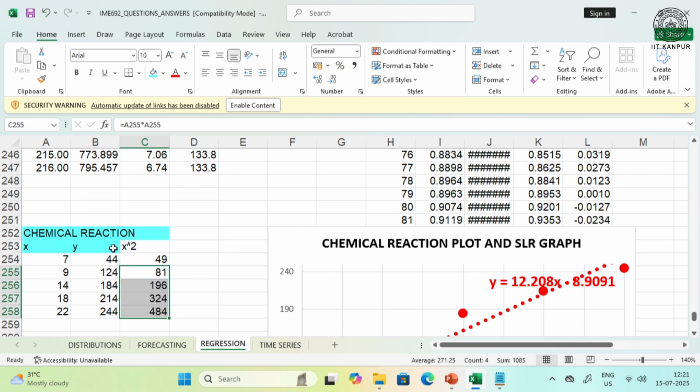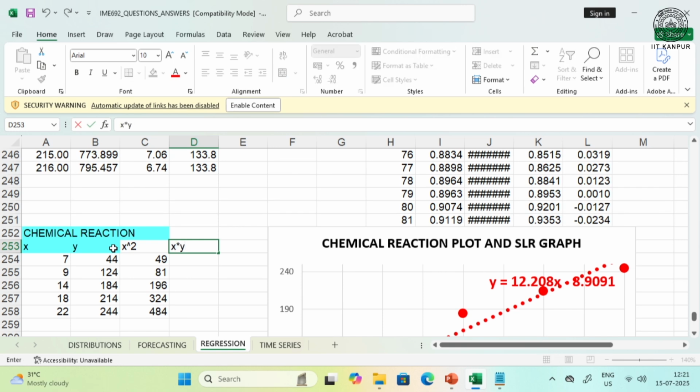We find out x square. Next, I need to find out x into y, that would be column A into column B, while x square, which is being written in column C, is the values of column A multiplied by itself, the corresponding cells.